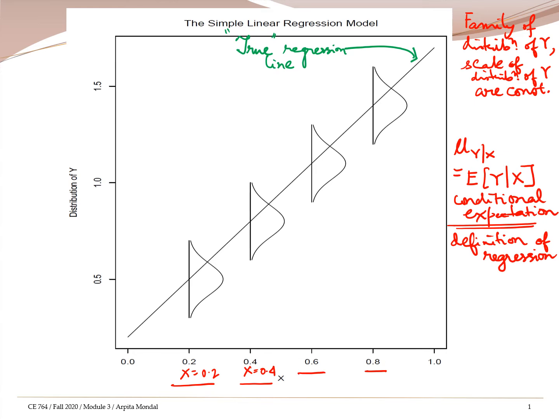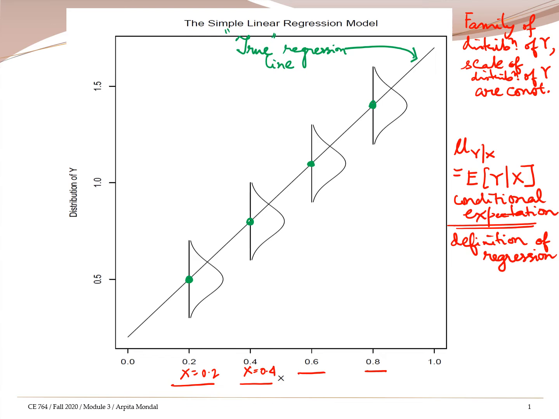Each point along that line, for different levels of x, would give you the population expected value of y given x. So mu y given x denotes the population parameter.